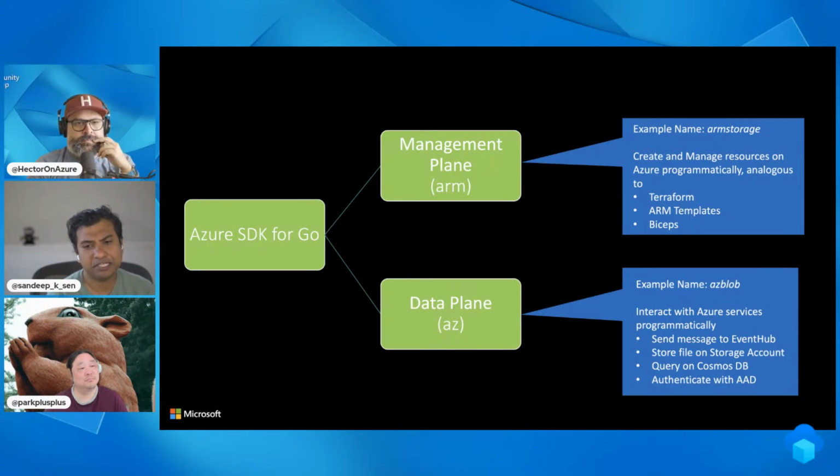The first block is the management plane, which always starts with the prefix ARM, which stands for Azure Resource Manager, and the data plane, which starts with the prefix AZ for Azure. In the management plane, you can use that block of client libraries to create Azure resources. Let's say you want to create a VM.